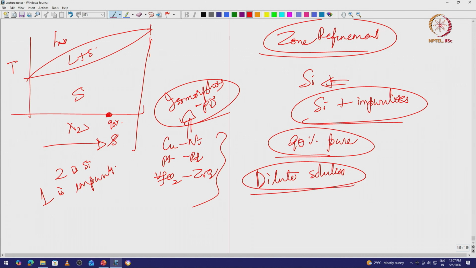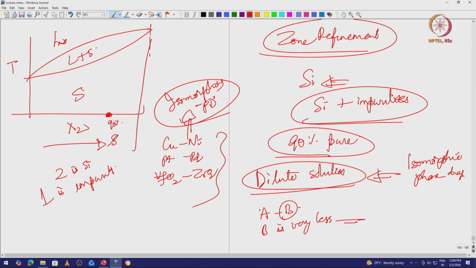And dilute solutions, maybe I will show you later, more or less follow isomorphic phase diagrams. So if the solution is dilute, if A and B, I am looking at the interaction between A and B, but if B is very less, I can assume that this is just an entropic interaction.